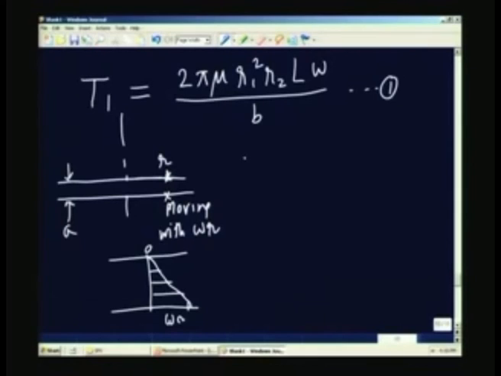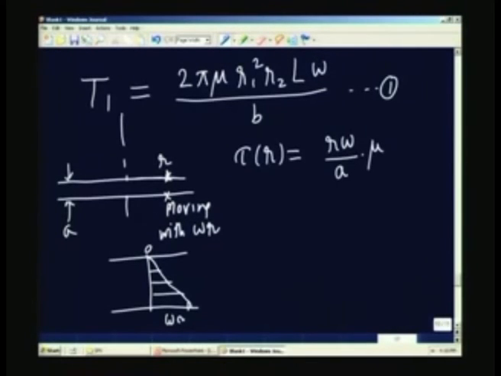Corresponding to this we have a shear stress which is a function of r, given by mu times r omega, the velocity, divided by the gap a, that is mu r omega by a.